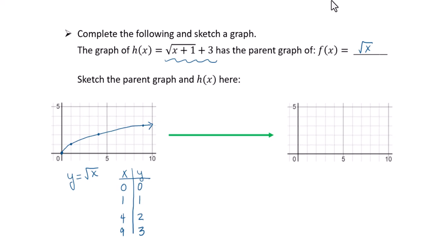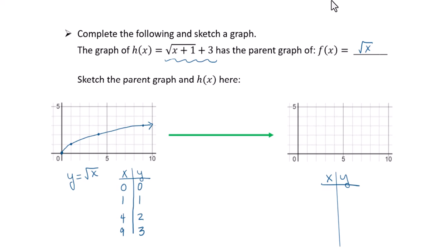So for us to get the graph for h of x, we're going to need to subtract 1 from the x's in order to get the same output from the square root as we had before, and then add 3 to all of the y's.